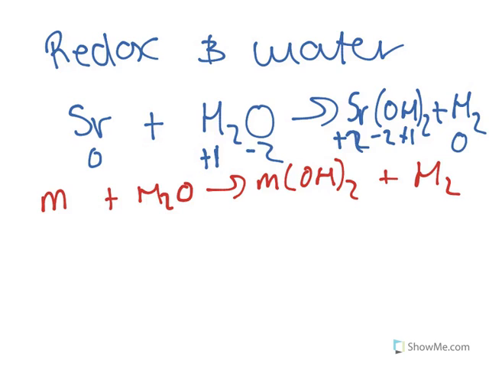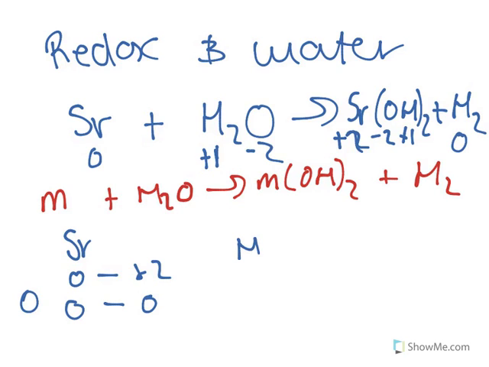So here you can see that strontium is oxidized because it goes from 0 to plus 2. Oxygen actually stays the same, because it goes from 0 to 0. There's lots of zeros there.